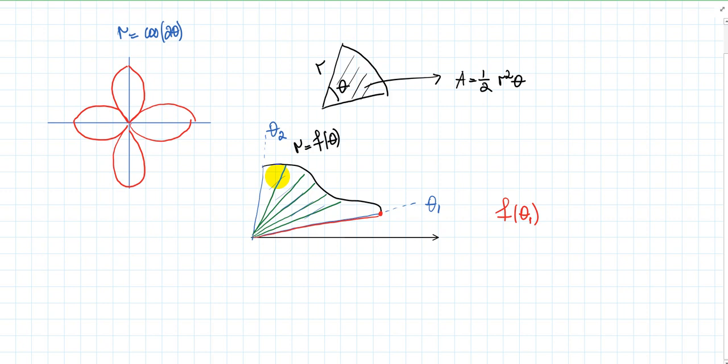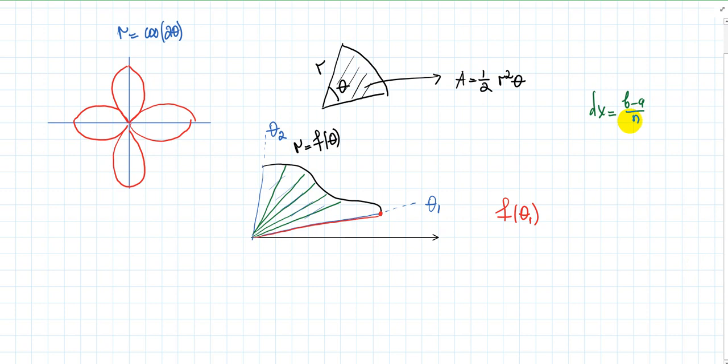Do you remember before, when we had curves in the rectangular coordinate system, the width of the subintervals was delta x, right? Do you remember what we did? We subtracted a from b and divided by n, the number of subintervals. It gives us delta x, right? So delta x was b minus a divided by n, right?